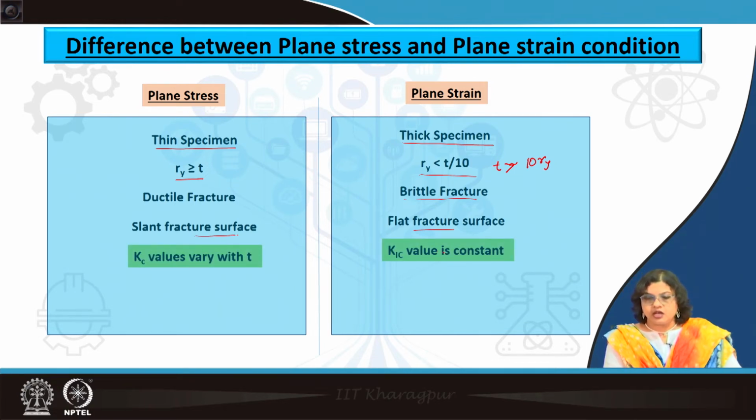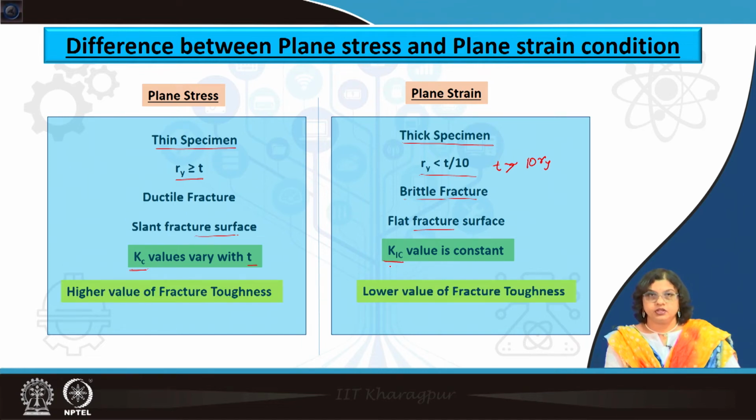Most importantly, this plane stress fracture toughness value, which is typically denoted as Kc, varies with any change in T or the thickness. On the other hand, plane strain fracture toughness, which is typically termed as K1c, is a constant one, and it does not vary even if we are increasing the thickness value. And essentially, we get higher value of fracture toughness under plane stress condition and lower value of fracture toughness under plane strain condition.